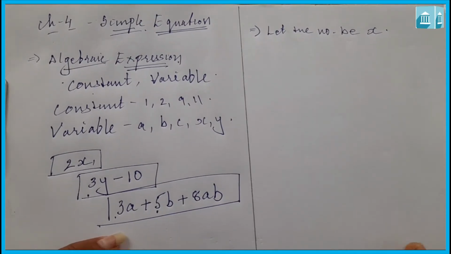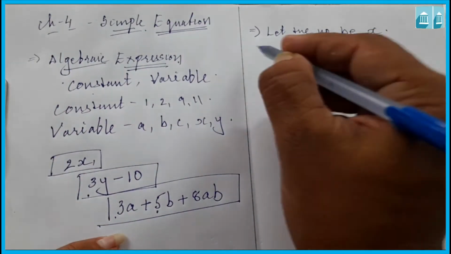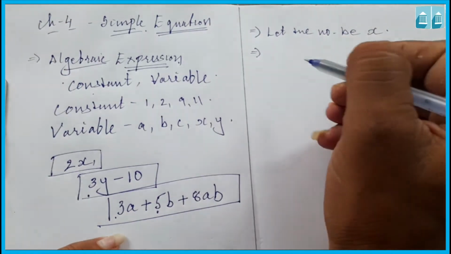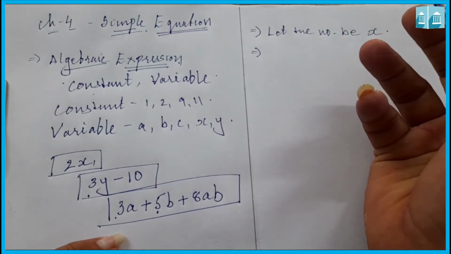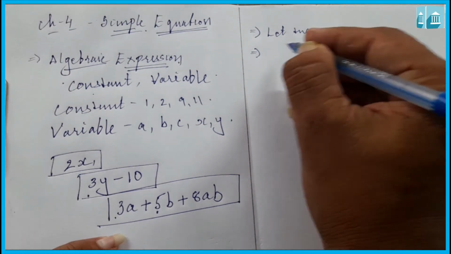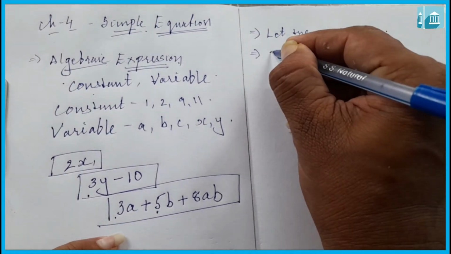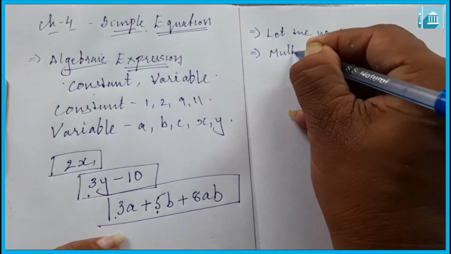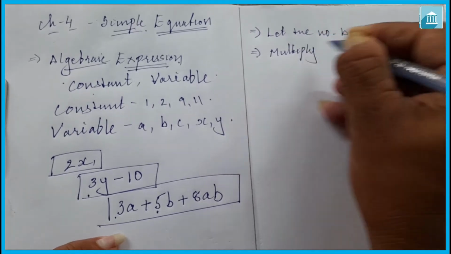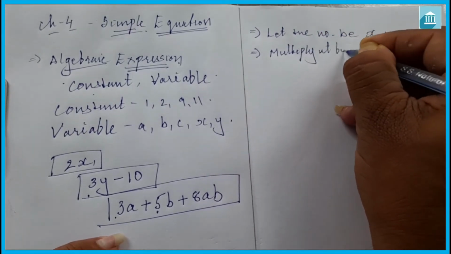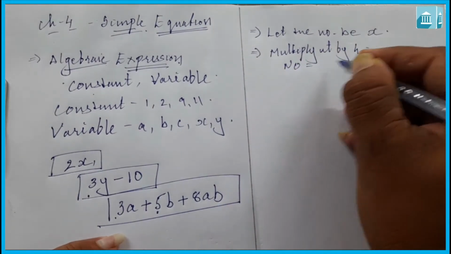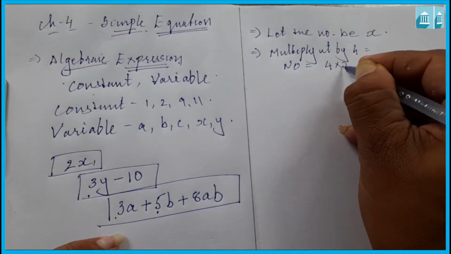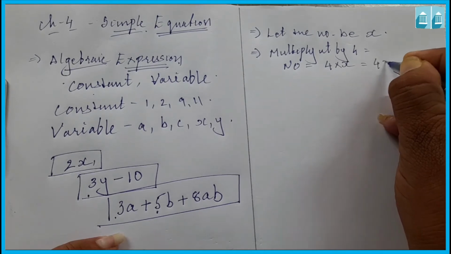Now I give another clue: I multiply that number by 4. Multiplying it by 4, the number is 4 into x, which is equal to 4x.